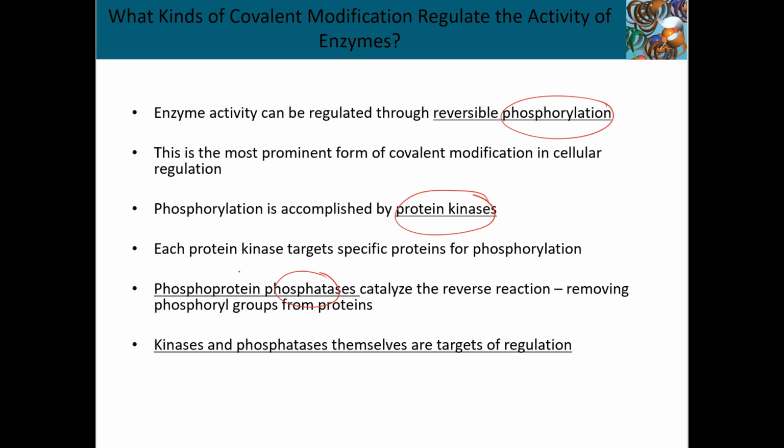So the details of this are actually beyond this particular class. If you take immunology, you'll get a lot of insight into how the immune system and inflammatory mechanisms are highly regulated through the kinase phosphatase pathways.